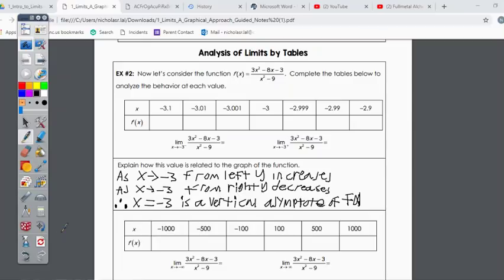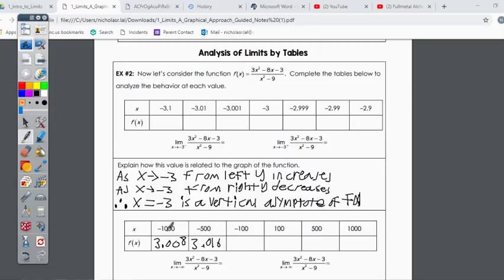So we have, and this is another example, you could also plug these into your calculator. You can do it for yourself. I've already done them. But this is 3.008, 3.016.